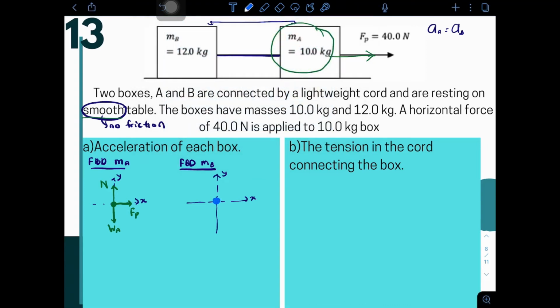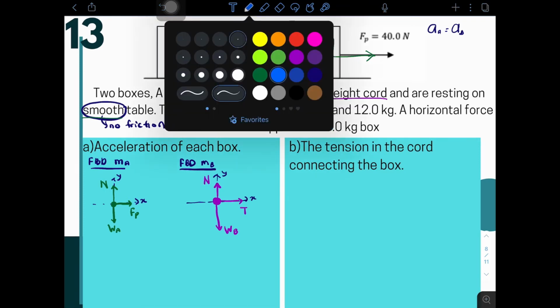What are the forces acting on mass B? We have the weight of B downwards, and a lightweight cord, which means we have tension to the right, away. Tension is always away from the object. And here we have normal, resting on the table.